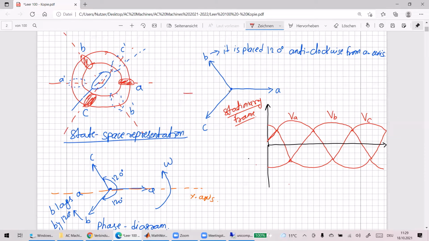So for the A parameter, if it is positive, let's say at this moment it is positive and peak, we will have the value of A here. And at another moment, let's say it is here, then the value of A will be negative and it will be on this side.